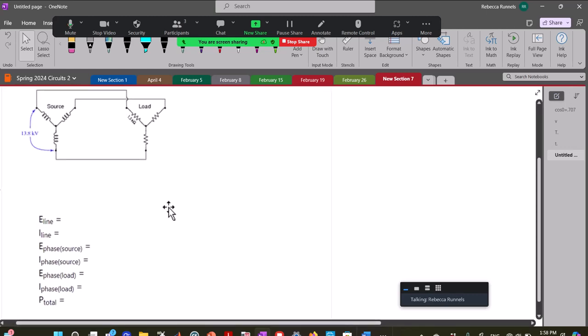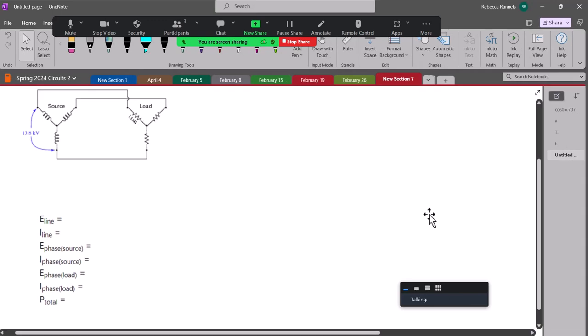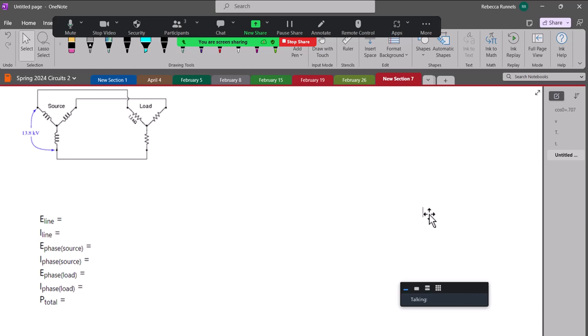So what's the same in Y? Current. Okay, so if you look at the way this is drawn here, we've got the 13.8 kilovolt drawn showing between, I'll make these V's, between the 2 lines.